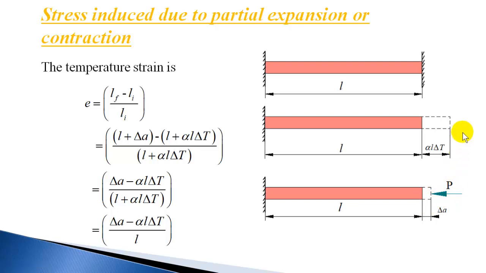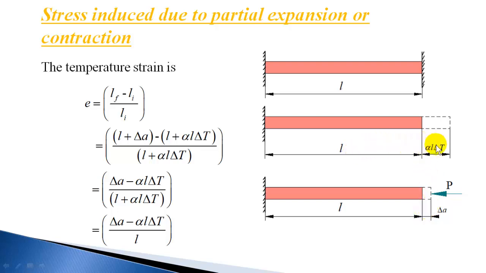So here now let us take this as the initial state and this as the final state. It is heated and it is expanded freely. Now the compressive force exerted by the support is bringing back its length to L plus delta A. So that is the final state.